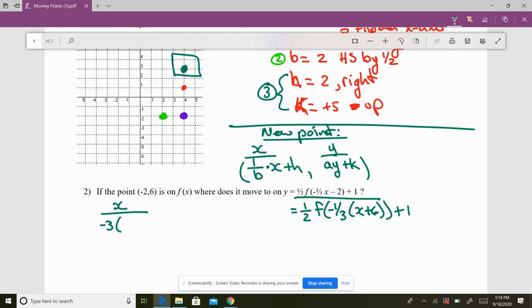What's your x value? -2 plus h. What's your h value here? Not +6, it's -6. All right. -3 times -2 is 6. 6 minus 6 is 0. So there's your new x value.